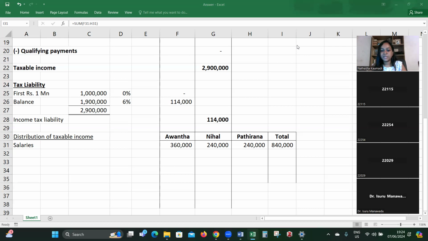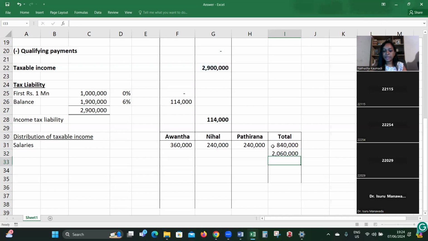Now what is the balance? We have to share the balance taxable income here. How much is the balance? 2.9 million minus 840. Exactly. Correct answers. Balance is 2.2 million 60,000.